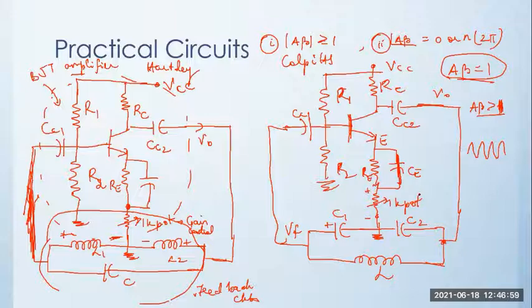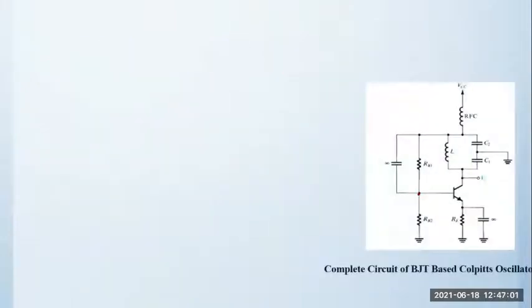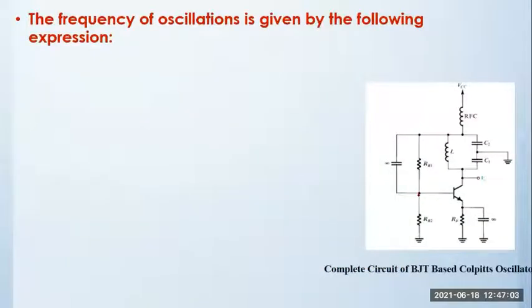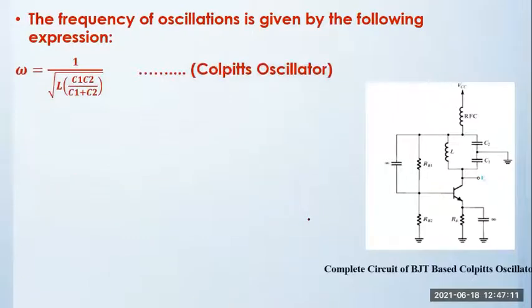Yes, ma'am. Okay. Now let's move on to the disadvantages, or first we should find the expression for frequency. So the frequency of oscillation. See, there is another complete circuit of a BJT based Colpitts oscillator. They have also shown the tank circuit written in the collector.